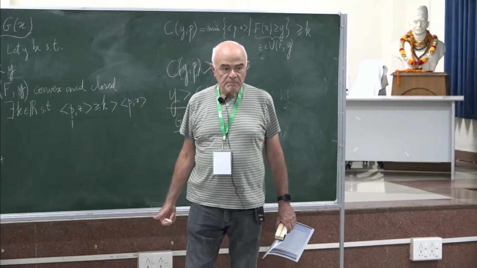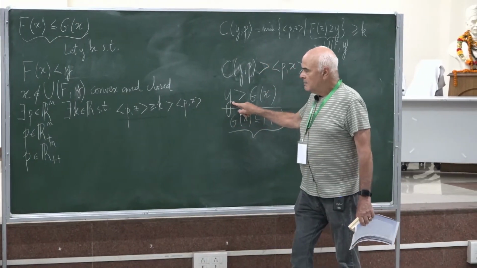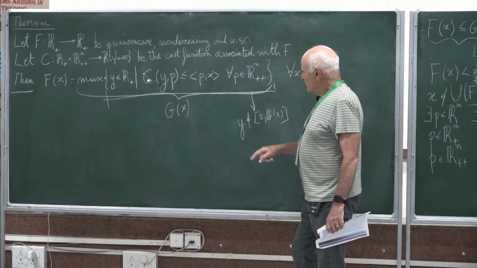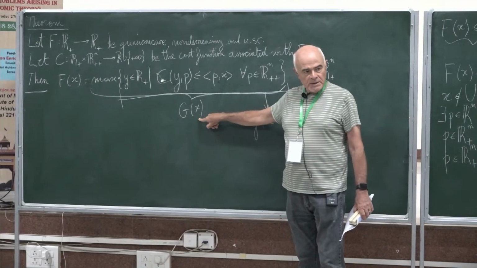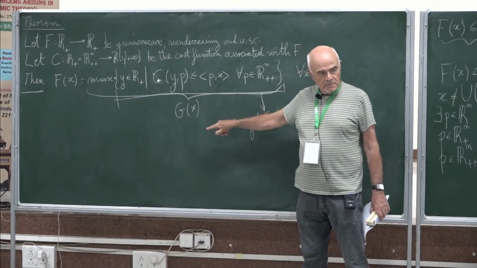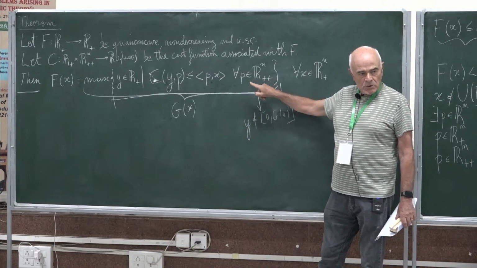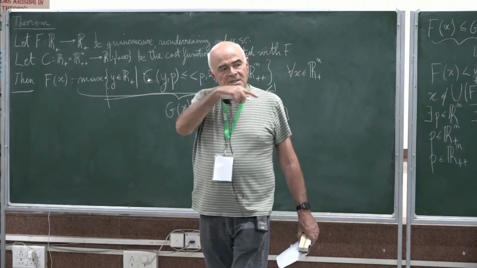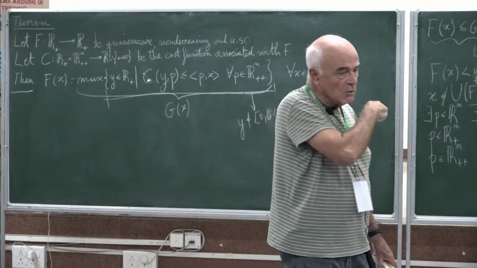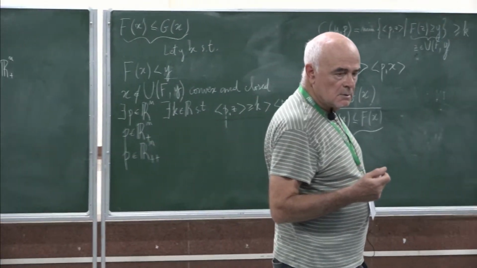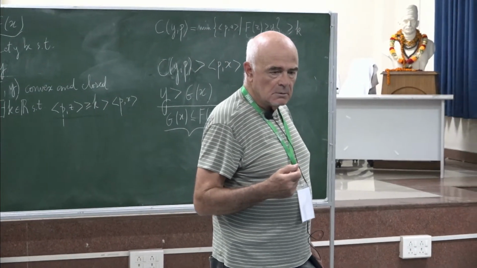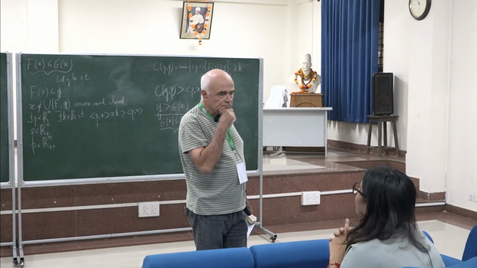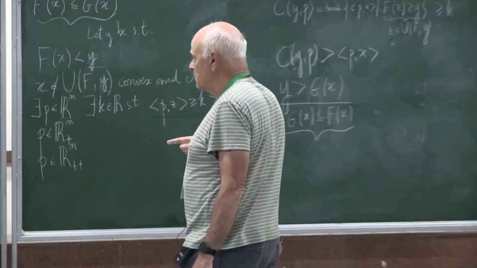And y is not negative. So y, oh, sorry. This is g of x. I mean, the maximum is called g of x. Okay? So since y is not here, y is strictly larger than the largest y there, which is called g of x.